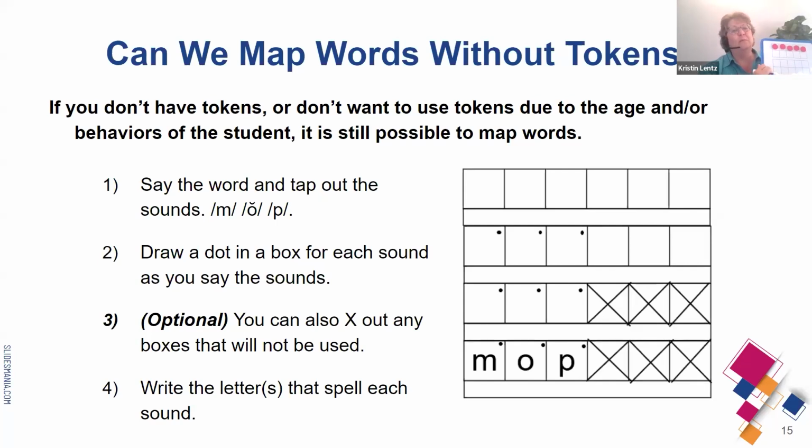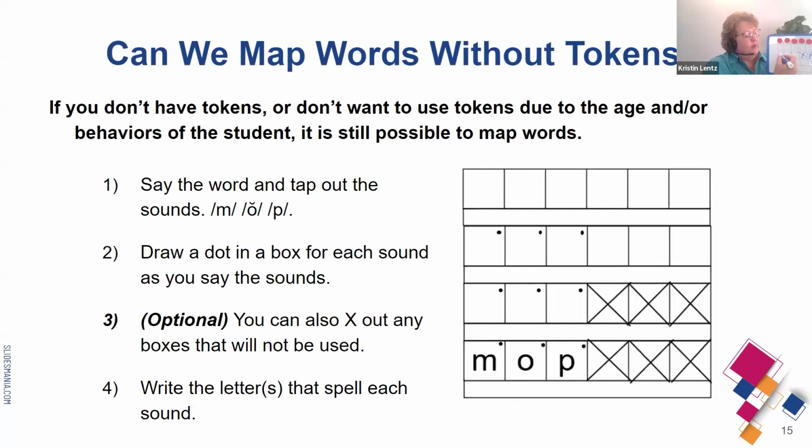So if I say the word mop, I could say the sounds, and I could put just a little dot in each box for the sounds that I hear in the word. You could even optionally X out the boxes that you don't use.